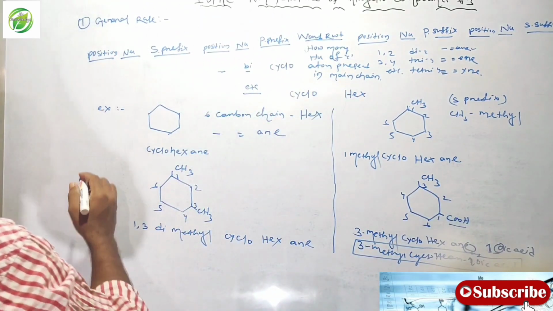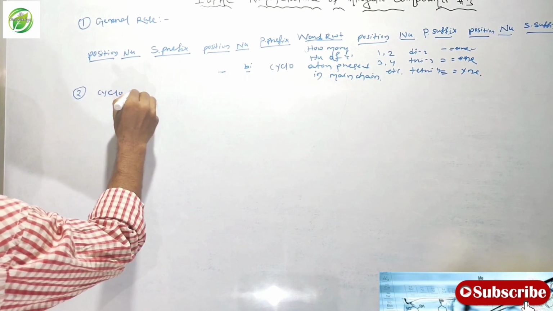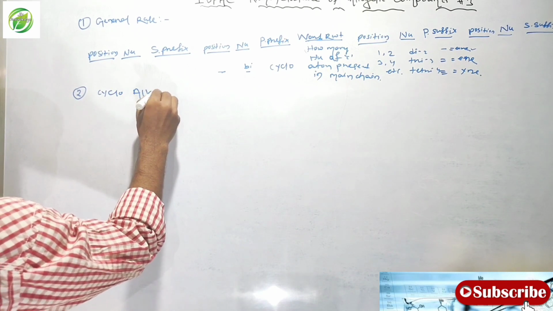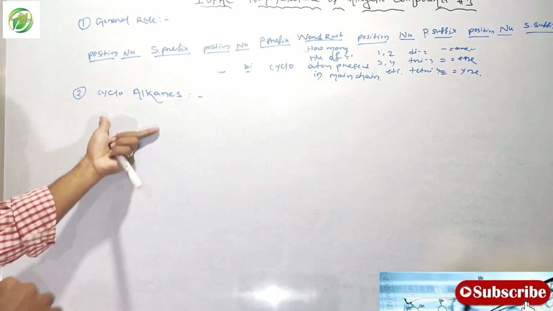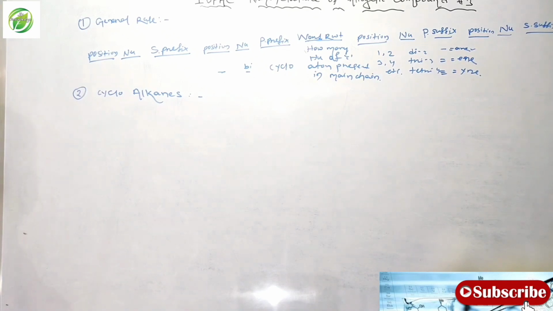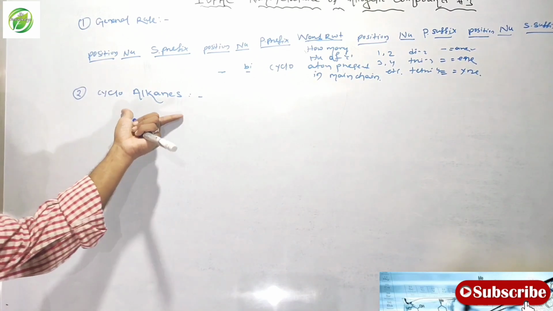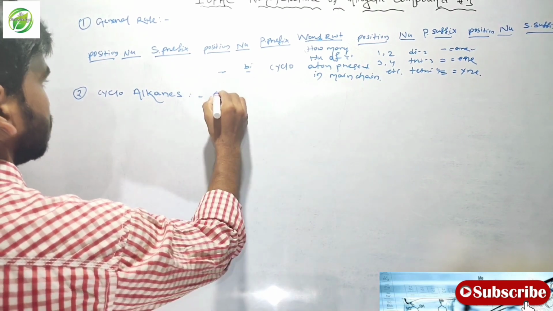Friends, then cycloalkanes. Let's try to understand with the help of some examples. Friends, cycloalkanes are always written as derivatives of cycloalkane.